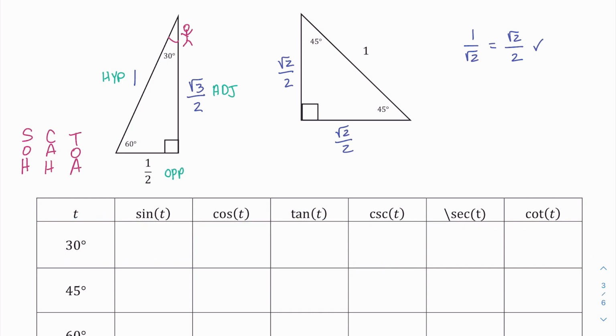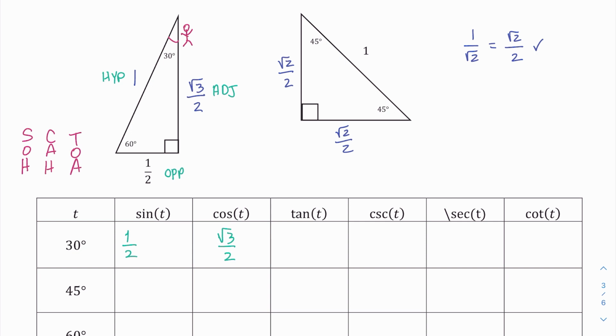All right, so if I go to do that, then the sine is the opposite over hypotenuse. So opposite is 1/2 and hypotenuse is 1. So 1/2 divided by 1 is 1/2. For cosine, I have adjacent over hypotenuse, or √3 over 2 over 1, which of course is just √3 over 2.